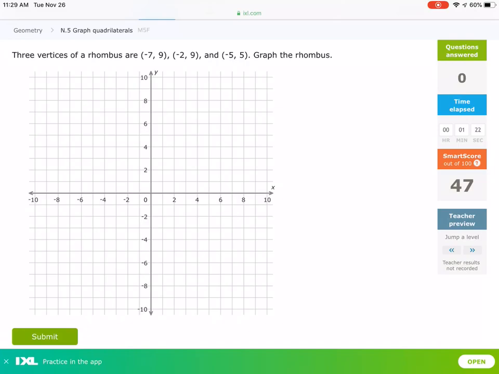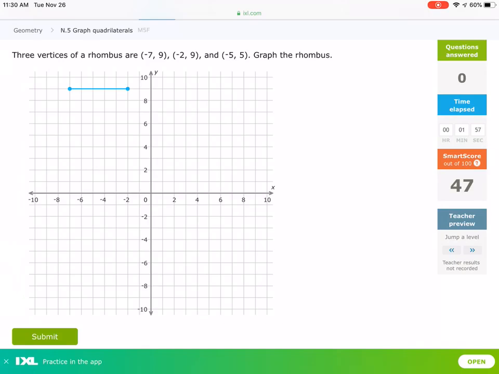So it gives you 3 vertices of a rhombus. Let's go to -7, 9, which is up here. -2, 9 is right here. So this line that we've drawn so far should already be a hint to you, because the other side has to be parallel to it, because a rhombus is a parallelogram.